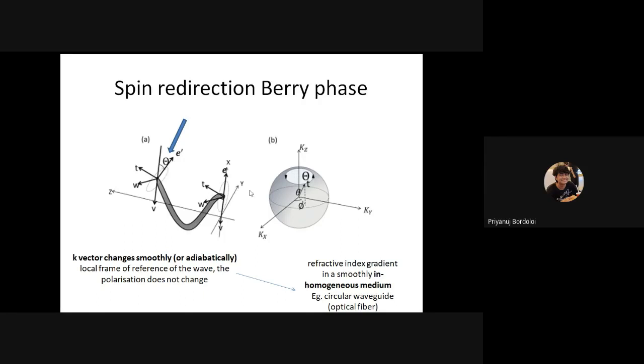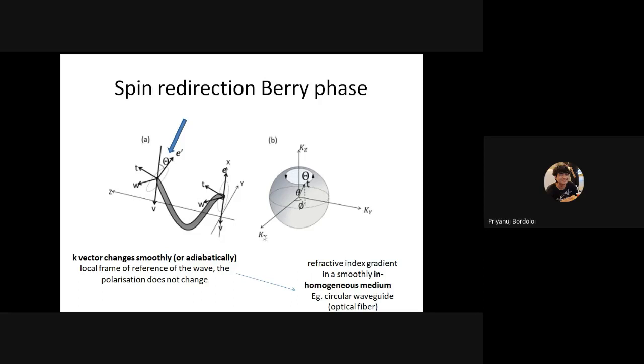Why does this happen? Upon the adiabatic change, if you do a full rotation in k space, the angle subtended by this full rotation is manifested as a change in the polarization state.